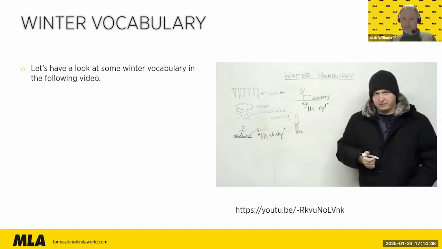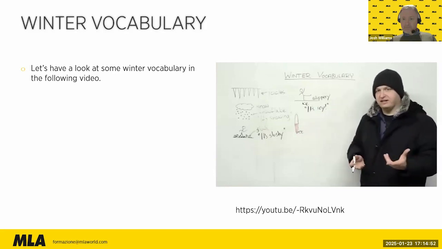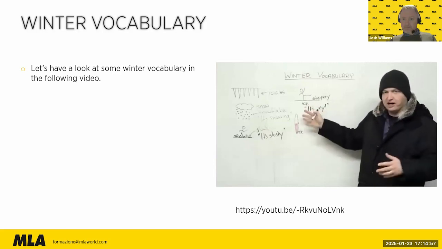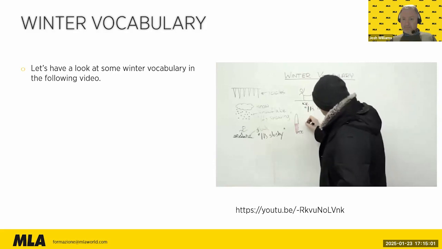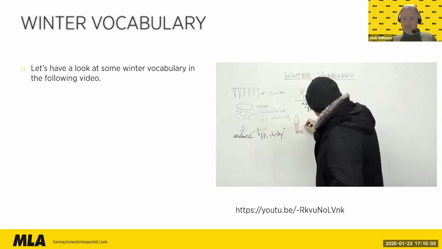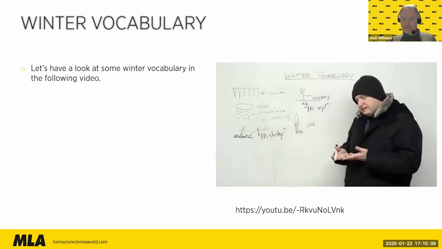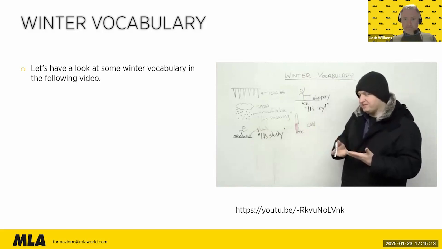Now, when we talk about temperature, most of you know the word cold, right? When you start from the top, we have hot and everything like that, but if we start from cold, let's put cold over here. Okay, what is a little warmer than cold, but still not that nice?